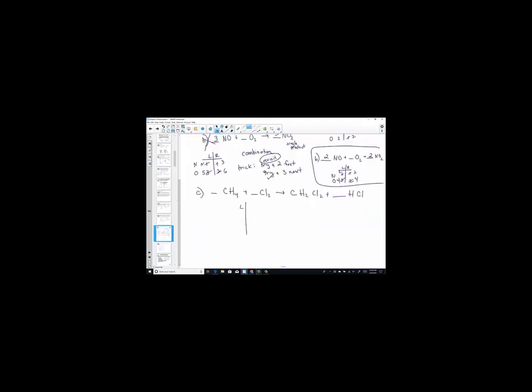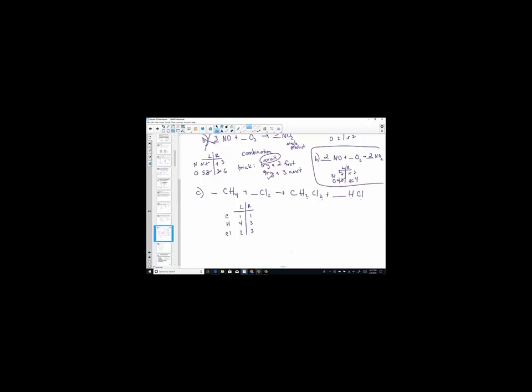On the left and on the right, we have a carbon, a hydrogen, and a chlorine to tally. 1 carbon, 4 H's, and 2 Cl's. On the left side, let's see, I have 1 carbon, 1, 2, 3 H's, and 1, 2, 3 Cl's.